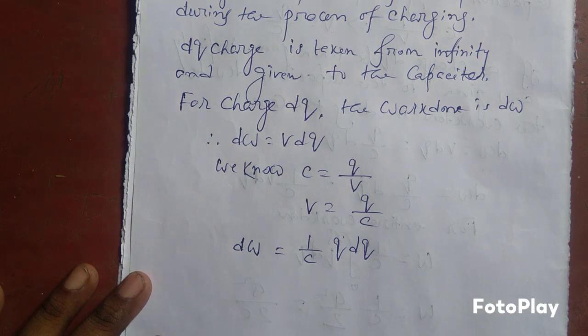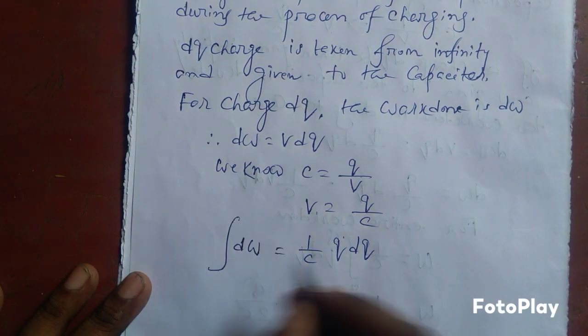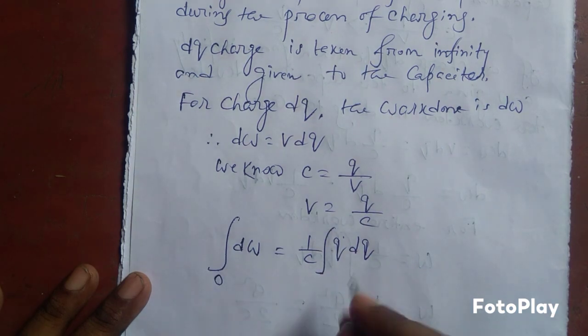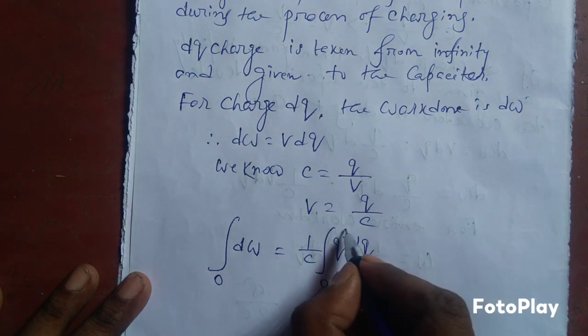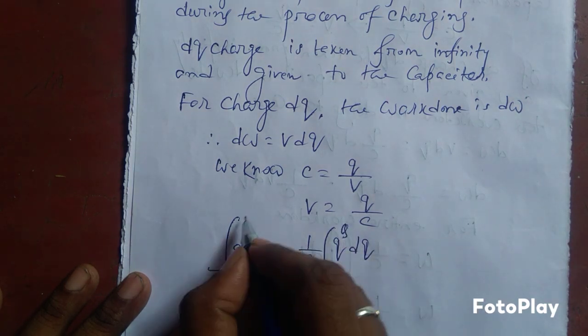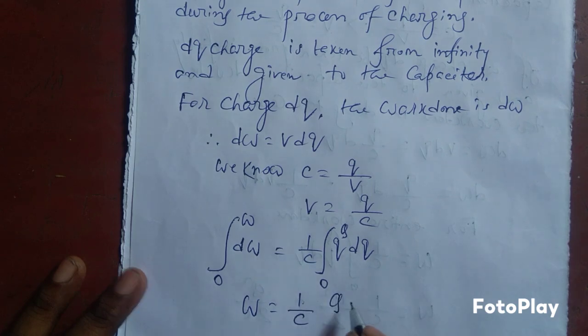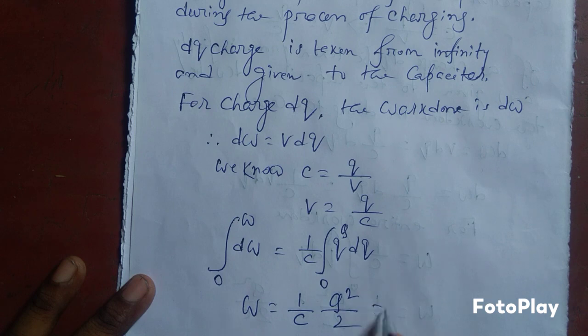If the total work done is W and the charge changes from 0 to Q, we take the integration from 0 to Q. When charge is 0, work done is 0. When charge is Q, work done is W. Then W equals 1 by C, Q square by 2.